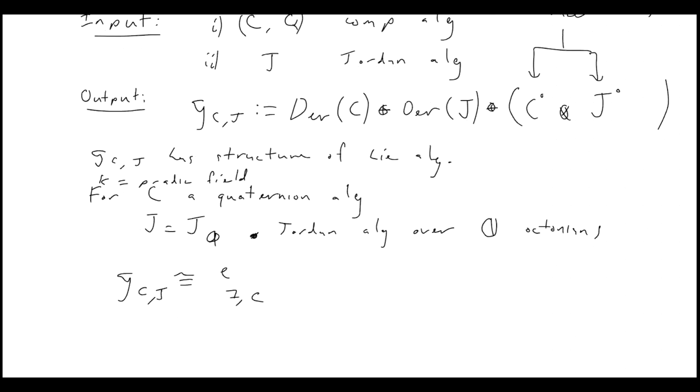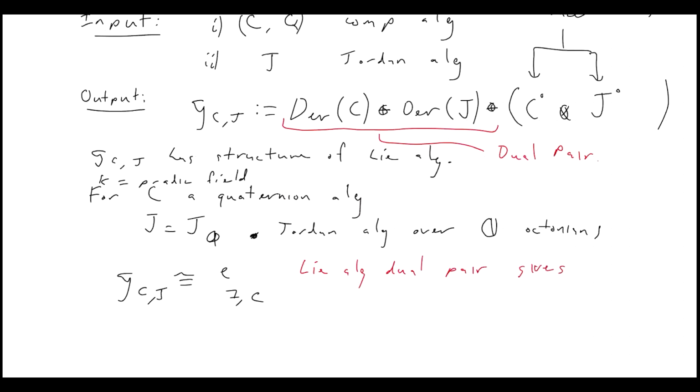Why this construction is so important for us is that this gives us a dual pair inside of the Lie algebra. This is a dual pair. And so the Lie algebra dual pair gives us a dual pair at the level of the groups.